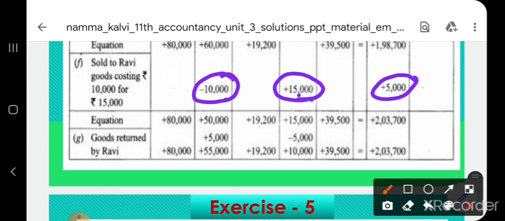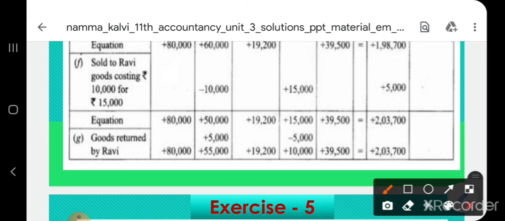That means here there is a small correction. Okay, see here, stock worth 4,000 is getting reduced, and the debtors have to pay 15,000 actually, but to the extent of 5,000 they have returned the goods. That means minus 5,000 in debtors.